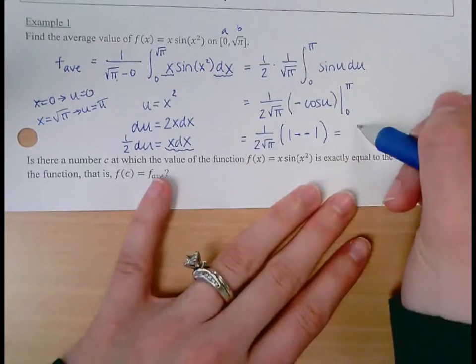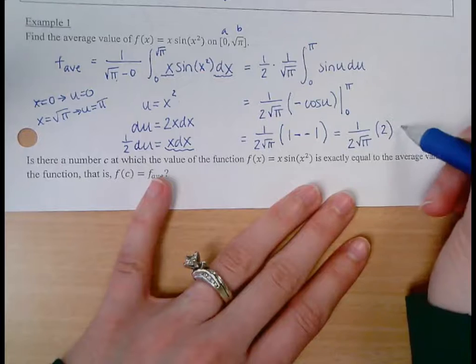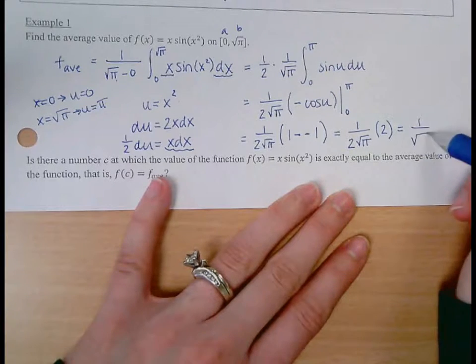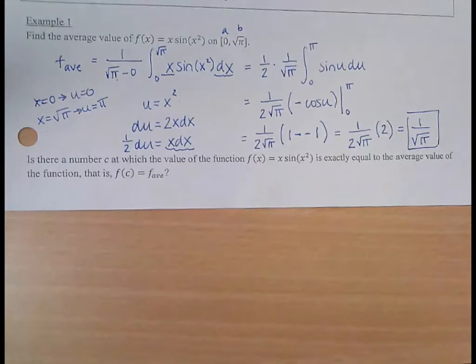So I really have 1 over 2 square root pi times 2, so it's 1 over the square root of pi would be the average value of that function from 0 to the square root of pi.